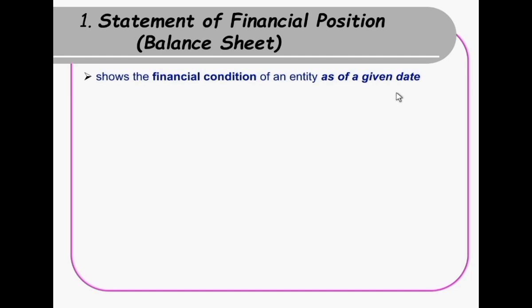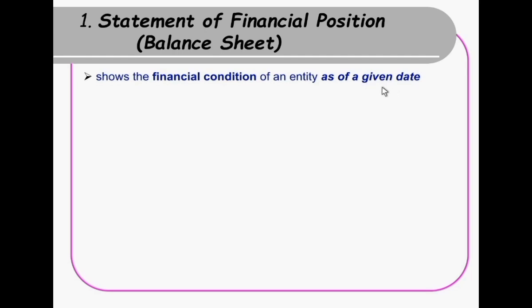The heading of a financial statement consists of 3 lines: the name of the company, the name of the financial statement, and the date. The date of the statement of financial position must be as of a given date.